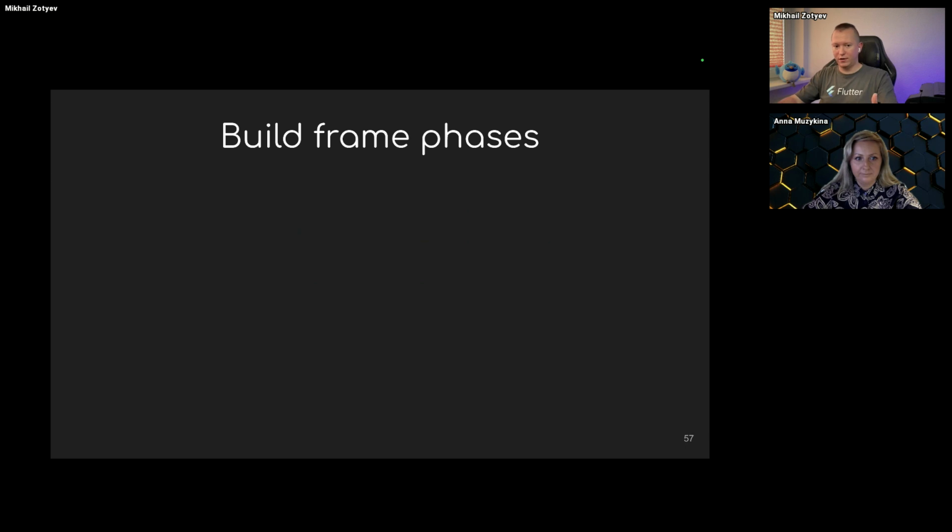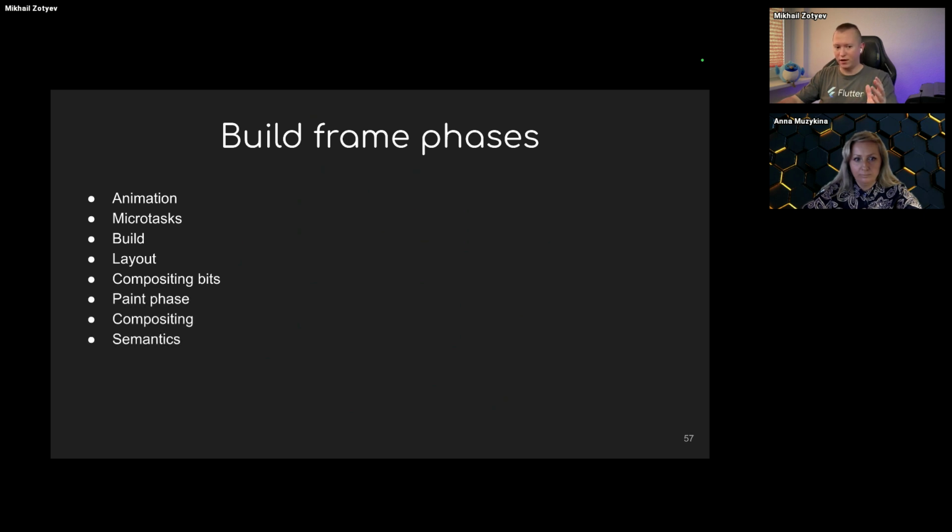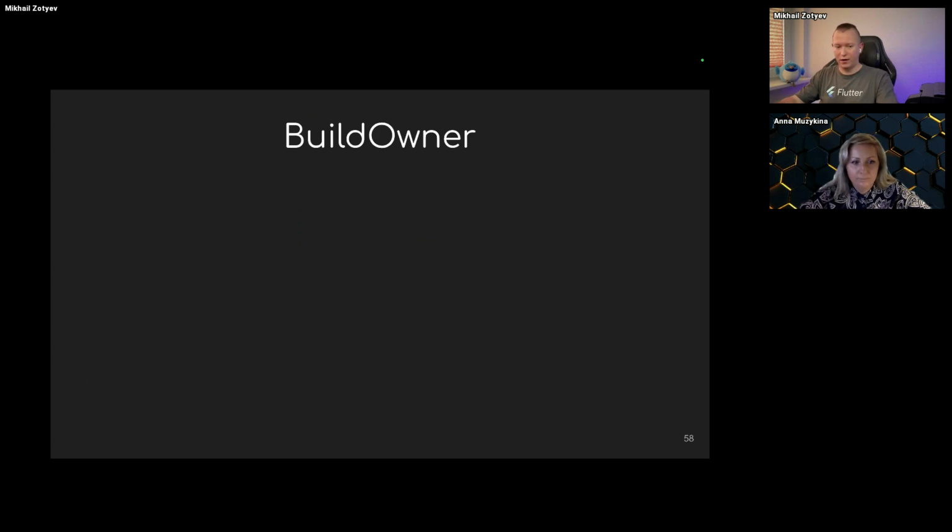And because of this, the whole frame is split into steps. First of all, it's updating, animation, running microtasks. Then we build some subtree updates, layouting, painting, composing everything together, pushing semantics, and finalizing both build and frame.